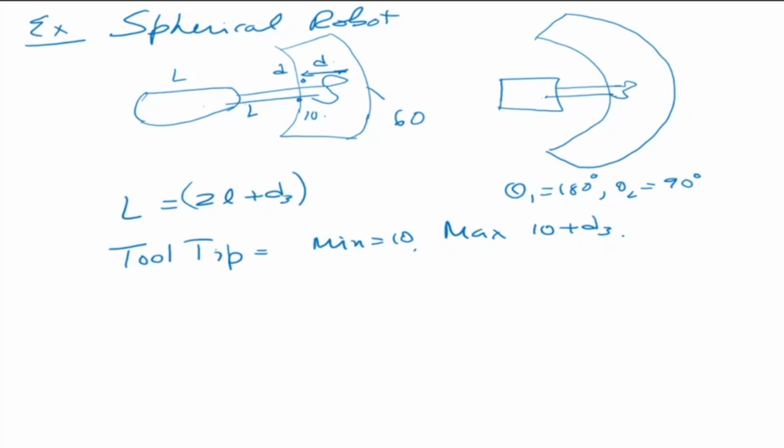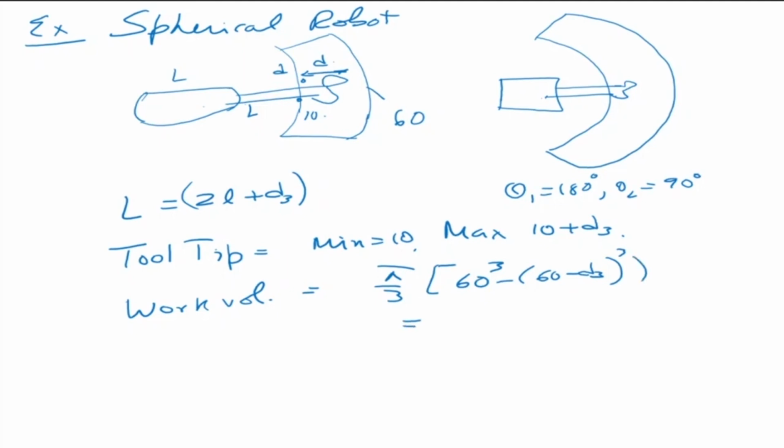Now what is the work volume? The work volume for this robot is pi by 3 times 60 cubed minus (60 minus D3) cubed, which is equal to D3 cubed minus 180 D3 squared plus 10800 D3.